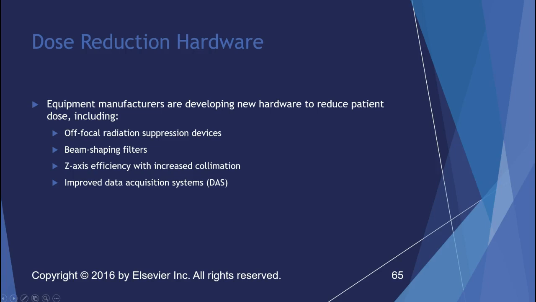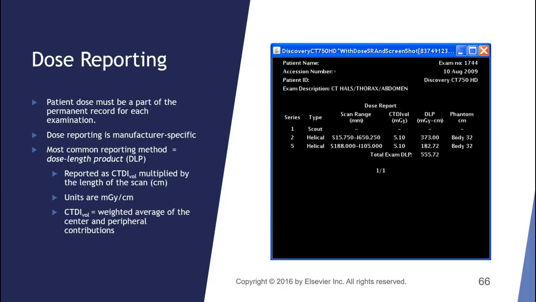And improved data acquisition systems. So these are just going to be advances in technology of the detector, how they acquire the information. They can make great pictures even with less information because they're much more sensitive. Okay, and the software can do a lot more.